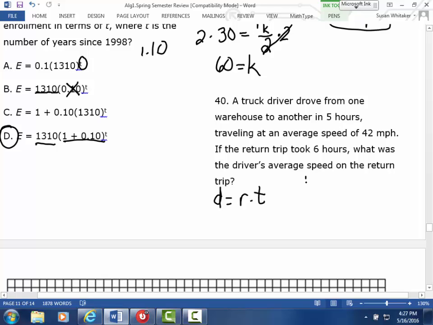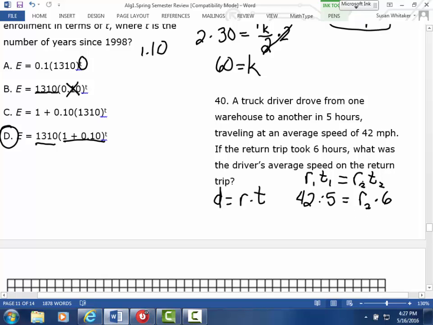So my first trip, we'll call that R1 and T1, right, would be equal to R2 and T2 because they'd be the same distance. Okay, so the first rate was 42 and the time was 5. And rate 2 I don't know, but the time was 6.